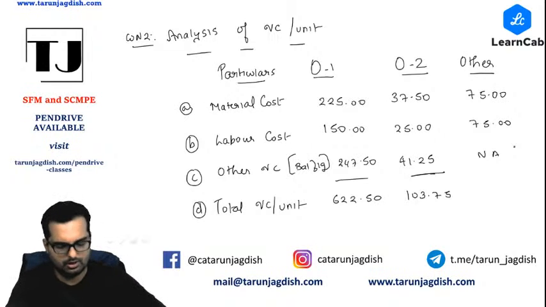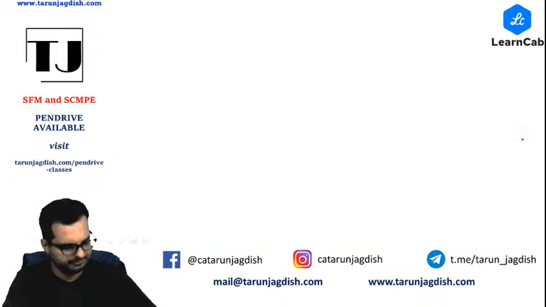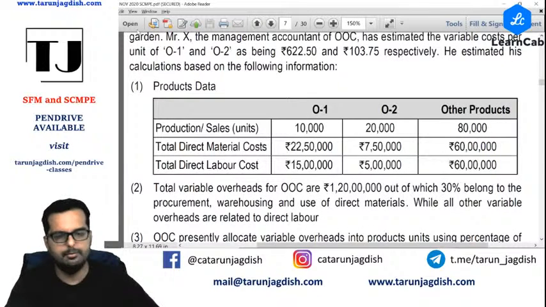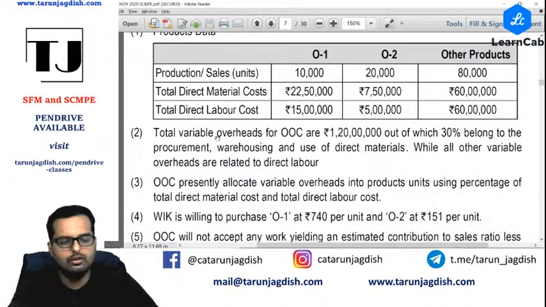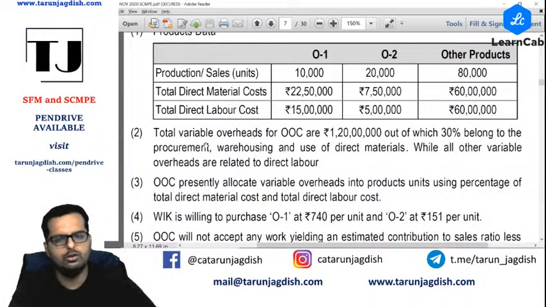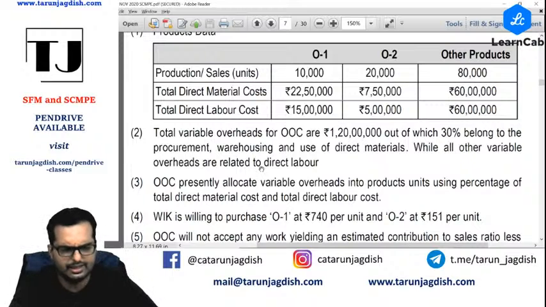Alright, I'll go to the next part now. Working note number 3. Let's read the remaining part of the question. Total variable overheads of OOC are 1 crore 20 lakhs, out of which 30% belongs to the procurement and warehousing and use of direct materials, while the other variable cost overheads are related to the direct labor.